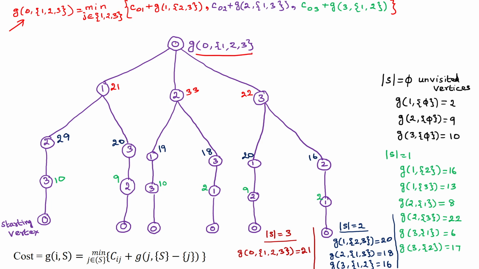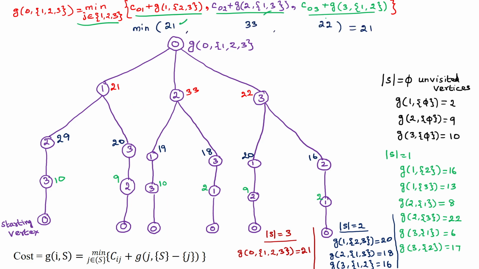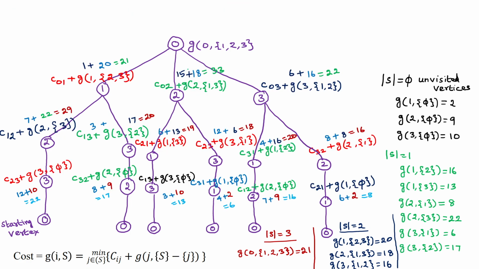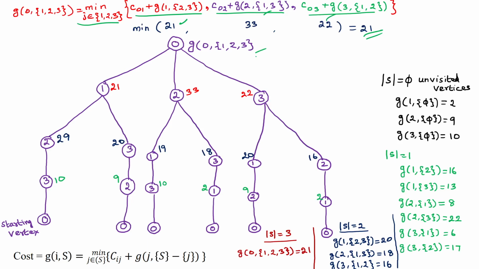There are three options here: 21, 33 and 22, so the minimum of these three values is 21. So our cost is 21, that is the value we got.